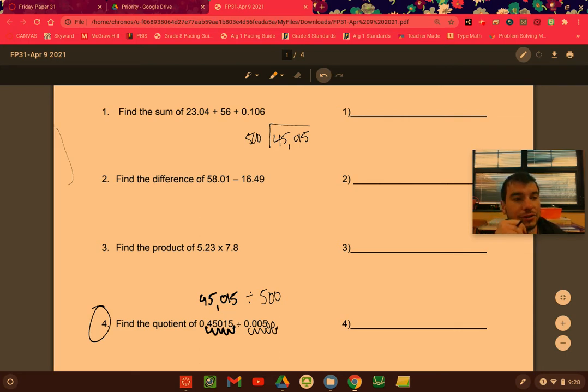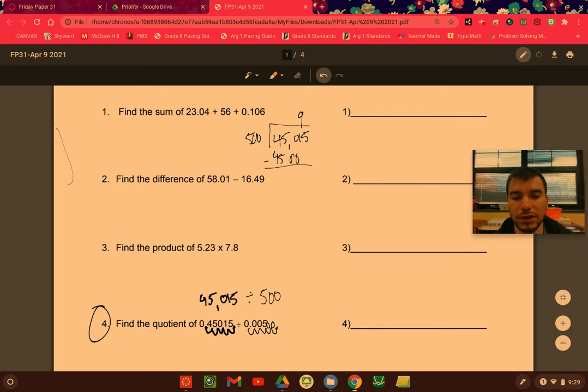But 500 goes into 4,501. I'm thinking 4,500 divided by 500 might be 9, because 9 times 5 is 45. Let's try it. I put that 9 right above my 1, because all these others are zeros, place holders. So 9 times 5 is 45, and then also a 0 and a 0.